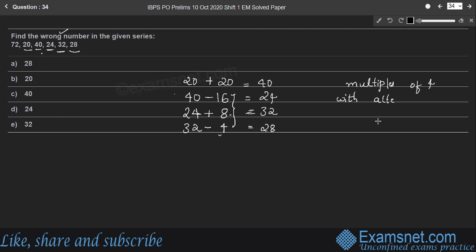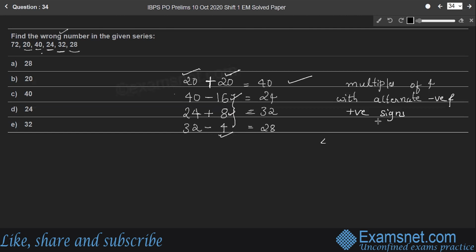So, to obtain 40, a number should be added to its previous number, and the number to be added should be a multiple of 4. Here 4 into 2 is 8, 8 into 2 is 16. Therefore, the number to be added should be 16 into 2, which is 32.